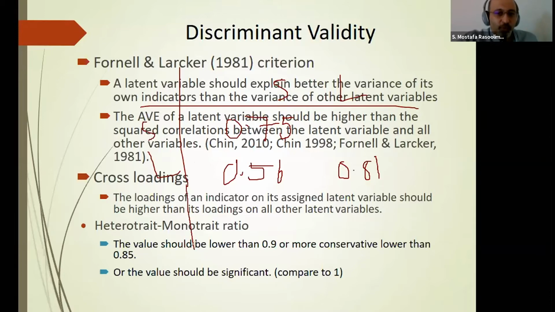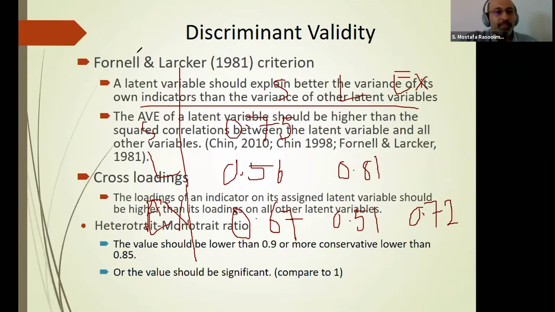Let's add one more construct here: satisfaction, loyalty, and expectation. The correlation between satisfaction and expectation is 0.67. The correlation between loyalty and expectation is 0.51. And the square root of AVE of expectation is 0.72.